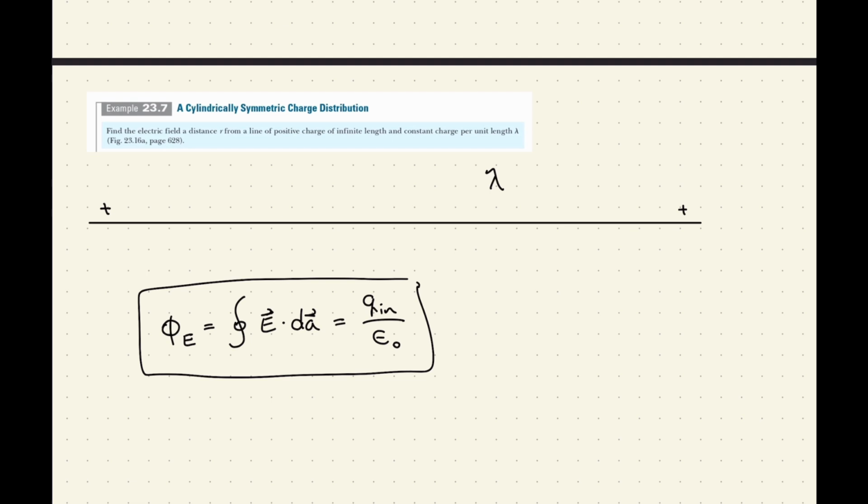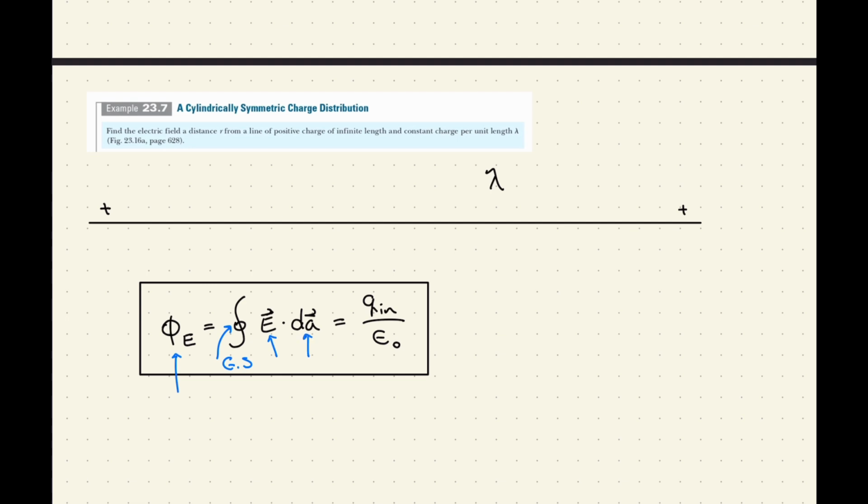It talks about the electric flux going through a closed Gaussian surface. It gives you the electric field over that Gaussian surface, and all you have to know is the charge enclosed by the Gaussian surface. If that didn't make any sense, just check out the Gauss's law video, where I do a more detailed explanation.